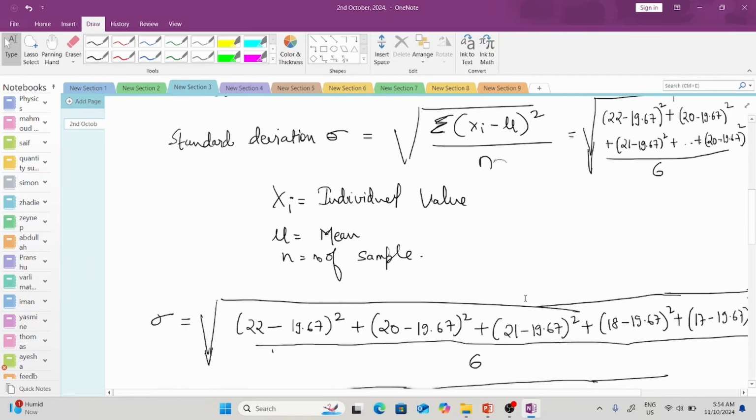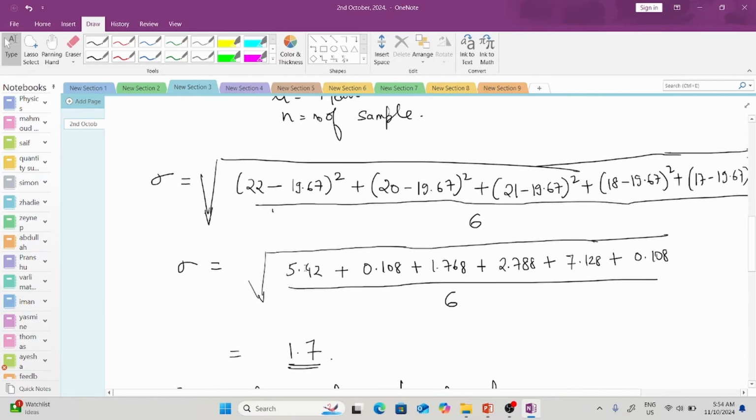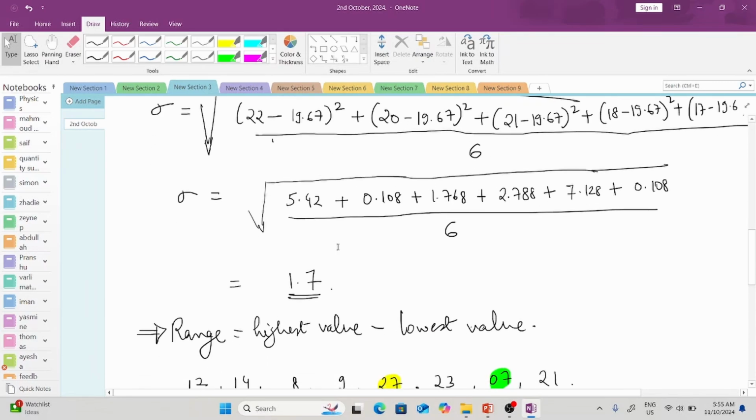So you will get your standard deviation, which is denoted by sigma. See, I have done this question here. Individually I have written it down: 22 minus 19.67 whole square plus 20 minus 19.67 whole square and so on, divided by 6. So you will get this answer.